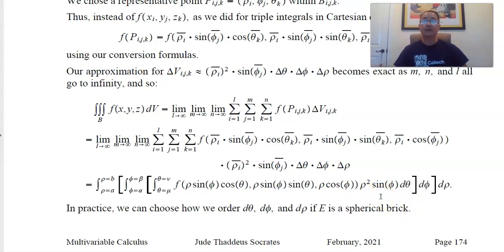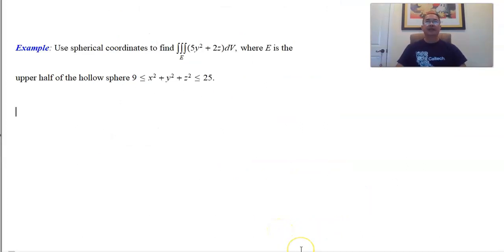Just like that extra r in polar coordinates, don't forget the extra rho squared sine phi. So there's your x, rho sine phi cosine theta, y, rho sine phi sine theta, z is rho cosine of phi. So let's go to our workroom and we are going to do an example.